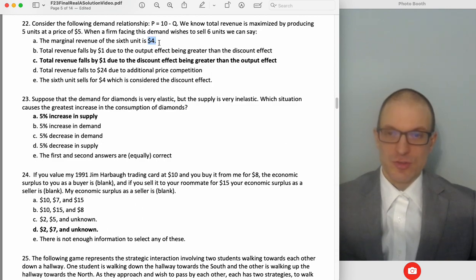Total revenue is increasing by $4 because you're selling another unit now for $4. But then there's the discount effect. We're going to sell the previous 5 units each for $1 cheaper. And so overall, we're going to lose $5, we'll gain $4, and total revenue falls by $1 due to the discount effect being greater than the output effect.